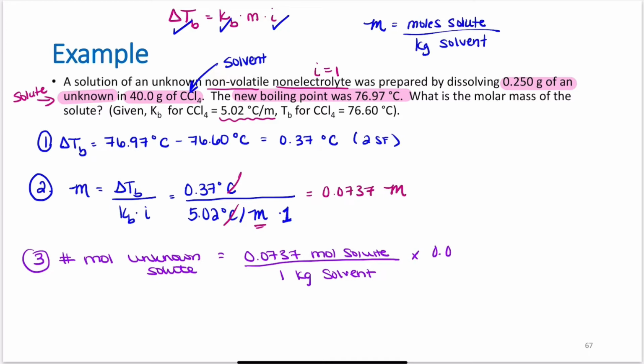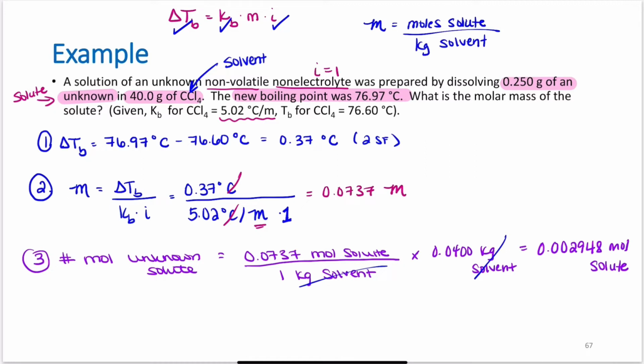So 0.0400 kilograms of my solvent. This shows me that in this system specifically, I have 0.002948 moles of solute.